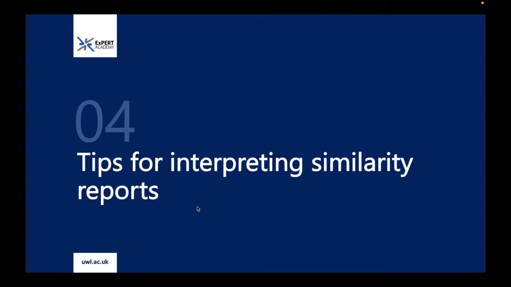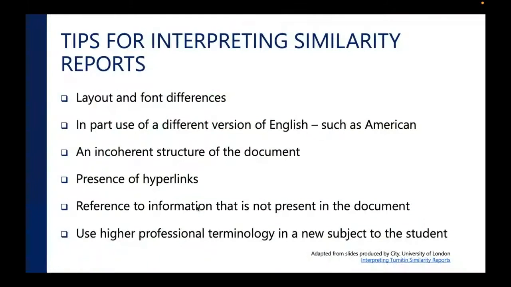So there are several tips for when you're interpreting a similarity report that would be useful to know. These are also part of when you're reviewing the document itself, so they kind of go hand in hand. So the first of which is that you may see some differences in the type of content that the student has shared, and that may be the layout structure of their document or the fonts that they're using. If you see there's a difference of fonts here and there, one size is bigger than the other and they're all on the same line.